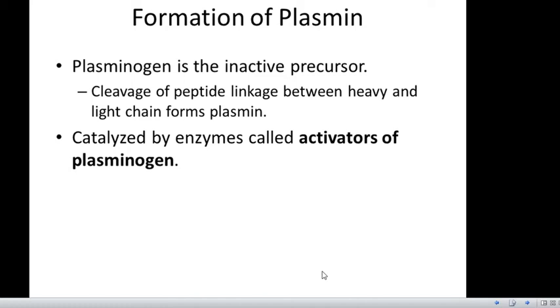Now let's study the formation of plasmin from plasminogen. Normally, plasmin occurs in blood plasma as its inactive precursor called plasminogen. Plasminogen is a plasma protein having a heavy and a light chain.